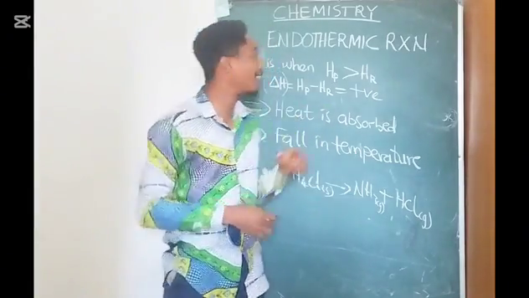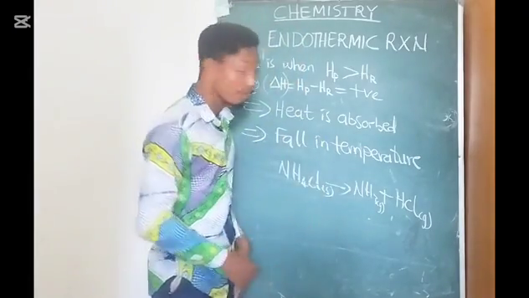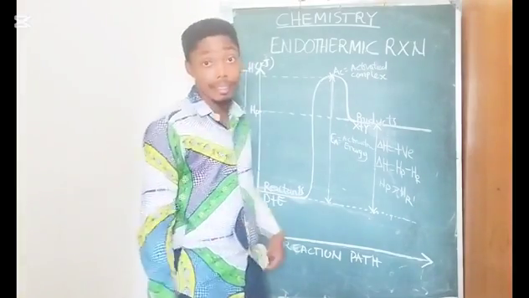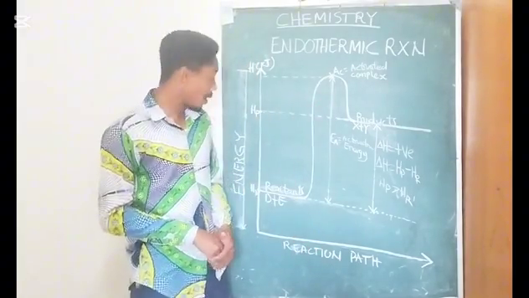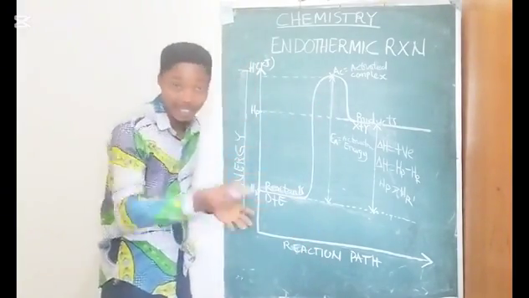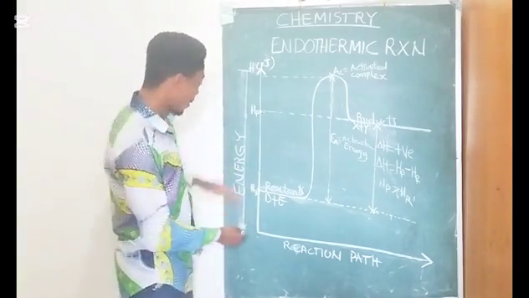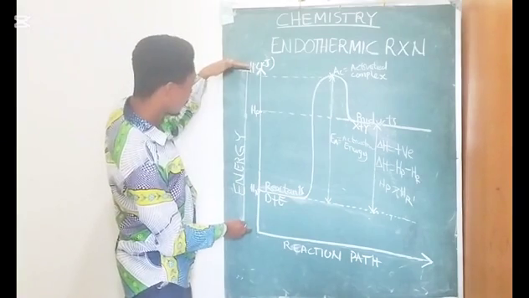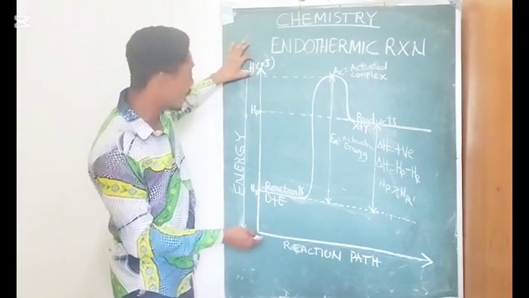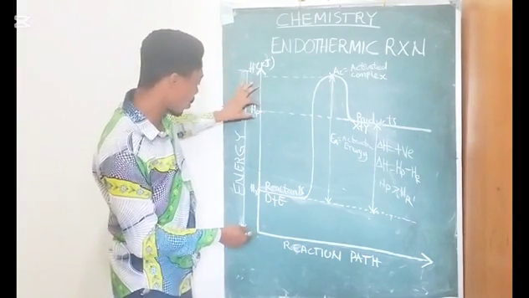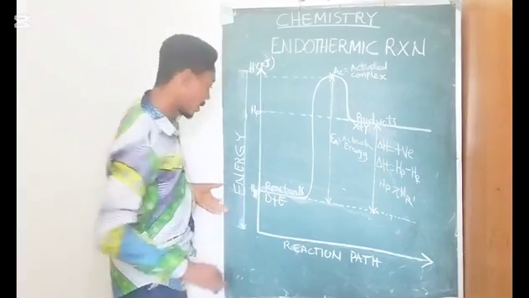Now, quickly, let's look at the endothermic reaction profile diagram. Welcome to the energy profile diagram for an endothermic reaction. It's simple, just like the exothermic, but with a little bit of difference. This is the energy denoted by the heat content: the heat content of the product and the heat content of the reactants.